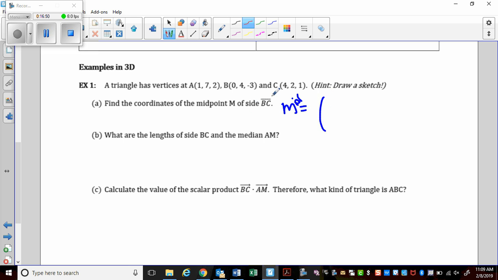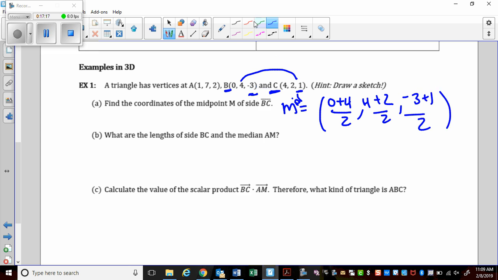Midpoint of BC is going to be 0 plus 4 over 2, and then 4 plus 2 over 2, and we have one more, negative 3 plus 1 over 2. We're going to simplify this. 4 over 2 is 2. We have 6, so 3. And we have negative 2, so negative 1.